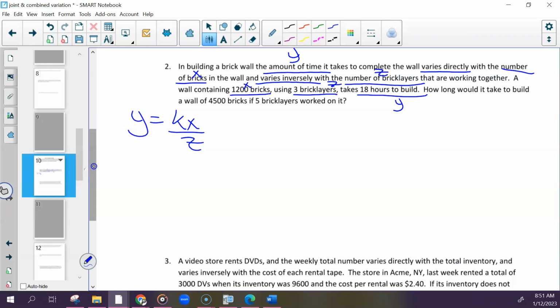Great, so put all those numbers in. We have 18 equals, we don't know our k. Our x is 1,200. Our z is 3. So we could divide 1,200 by 3 and then solve for k, or multiply by 3 and then divide by 1,200. Either way does not matter.